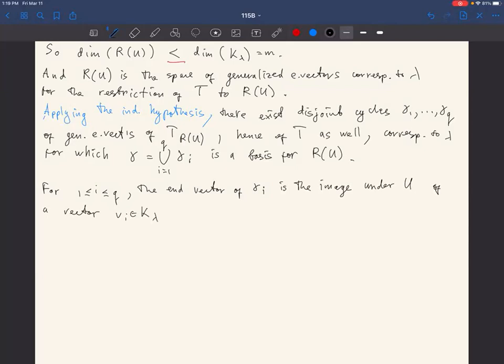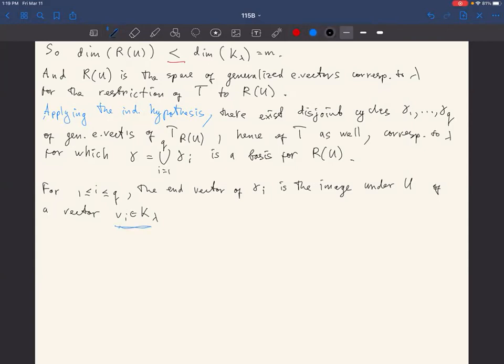Because this is in the range, any vector in the range is the image of some vector, not in the range of U, sorry, in K lambda. So let's denote that vector by v_i.